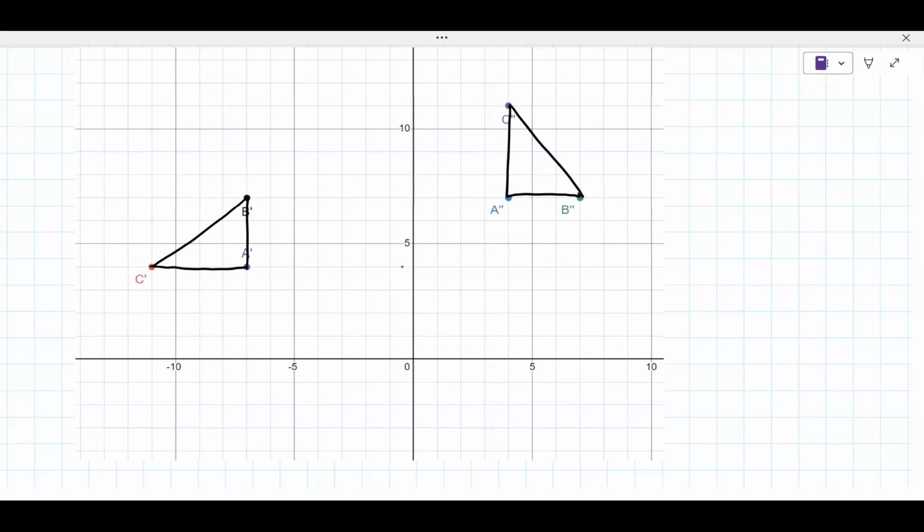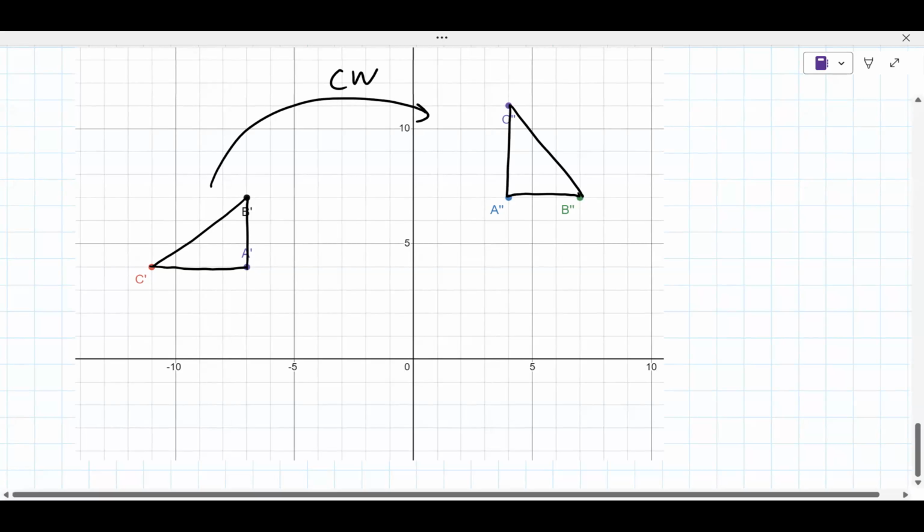So here's the rotation. Clockwise is this direction. I like to show it, and CW means clockwise. That's always a nice thing there. All right, now that's not the answer though. That's just a nice friendly warm up here.